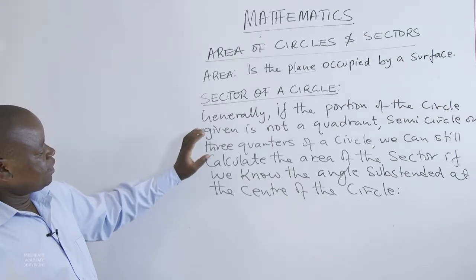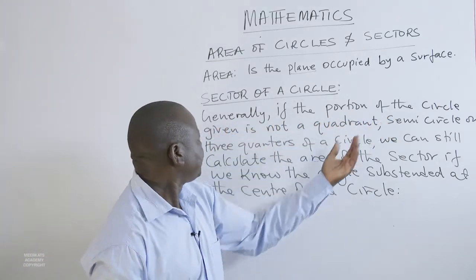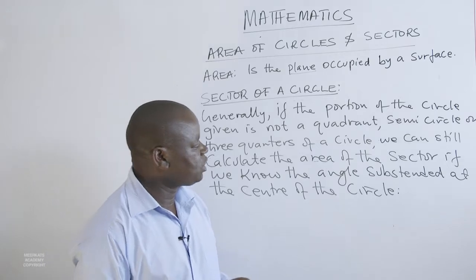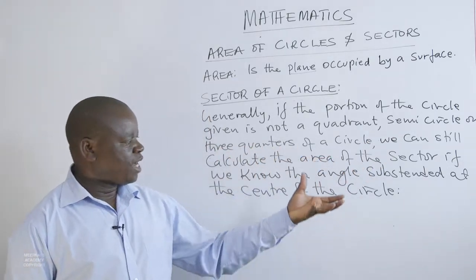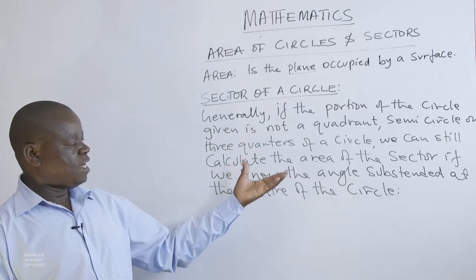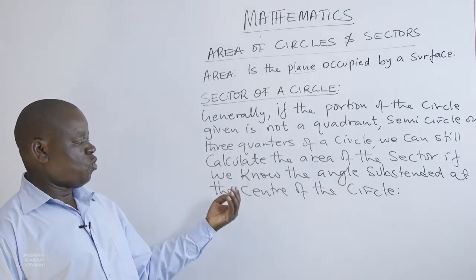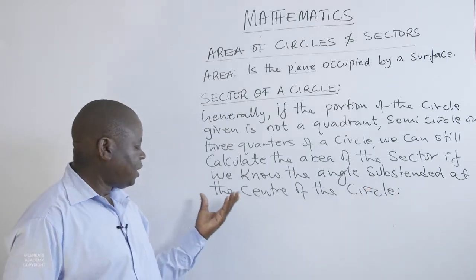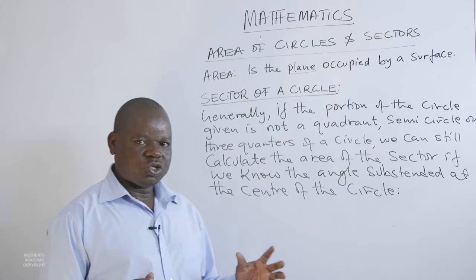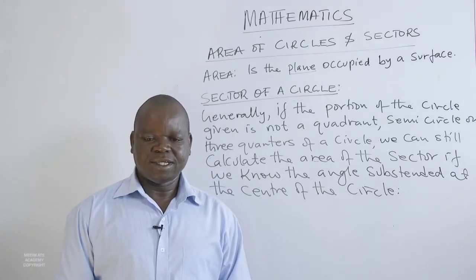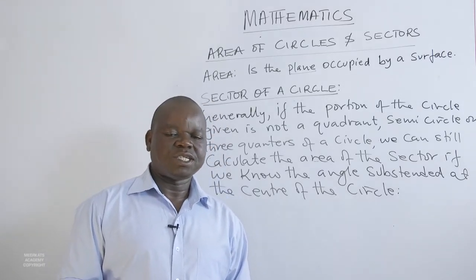Now, we have said that generally if the portion of the circle given is not a quadrant, semicircle, or 3/4 of a circle, we can still calculate the area of the sector if we know the angle subtended at the center of the circle. By inference, we know that the sum of angles in a circle is 360 degrees.